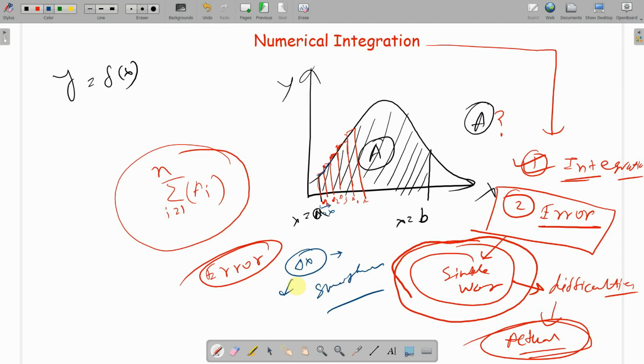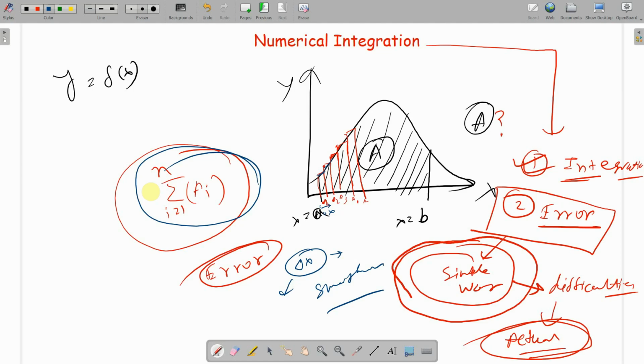Our objective in integration or summation is to make delta x a lot smaller and add up many smaller slices. This is one way, summing up small elemental areas to get the total area. But we don't have to add them up, there is a shortcut. That shortcut is your integration.